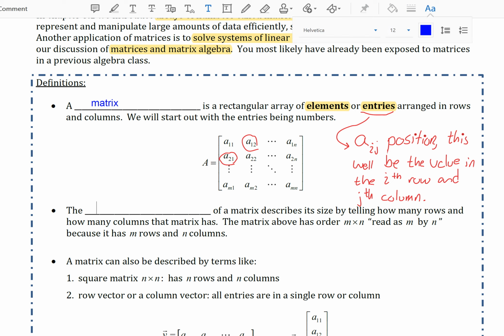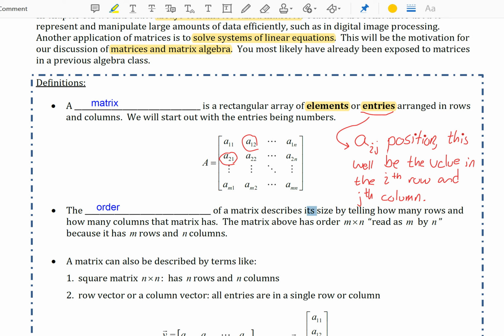Next, the order of a matrix describes its size by telling us how many rows and how many columns the matrix has. The matrix above has order m by n because it has m rows and n columns.